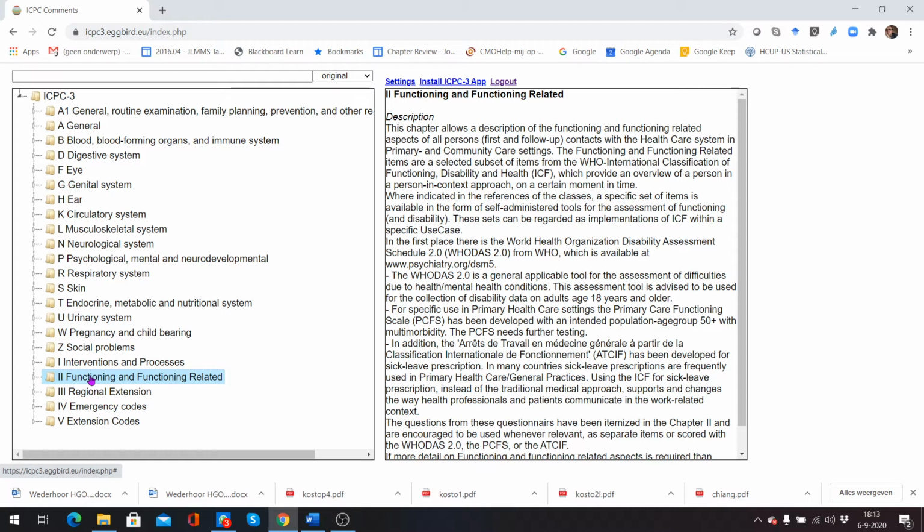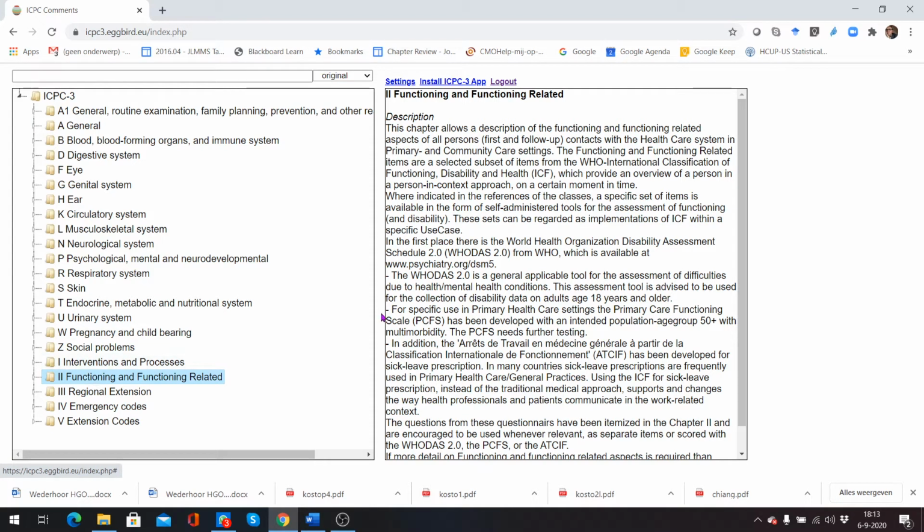The choice of the classes is based on three pillars. A selection of classes from the WHO International Classification of Functioning, Disability and Health. The classes selected for primary care give an overview of what a person can or cannot do, taking into account his or her context at a certain point in time.